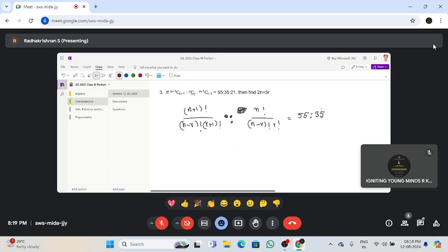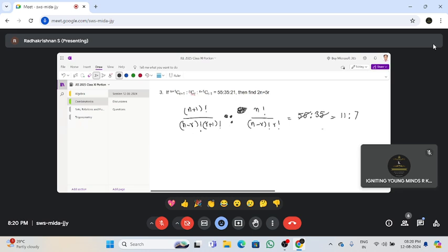Is this correct? There is a simplification that is possible here. Dividing by 5, we can make it into 11 is to 7. So these two can be written as ratios also.